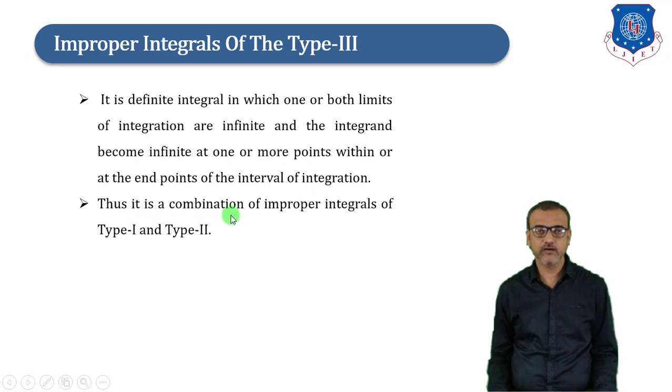Thus it is a combination of improper integrals of type 1 and type 2. So this is the example, integration from 0 to infinity of 1 upon x square dx. Here one limit is infinite and the function 1 upon x square is not defined at x equals 0. So this is an example of improper integrals of type 3.